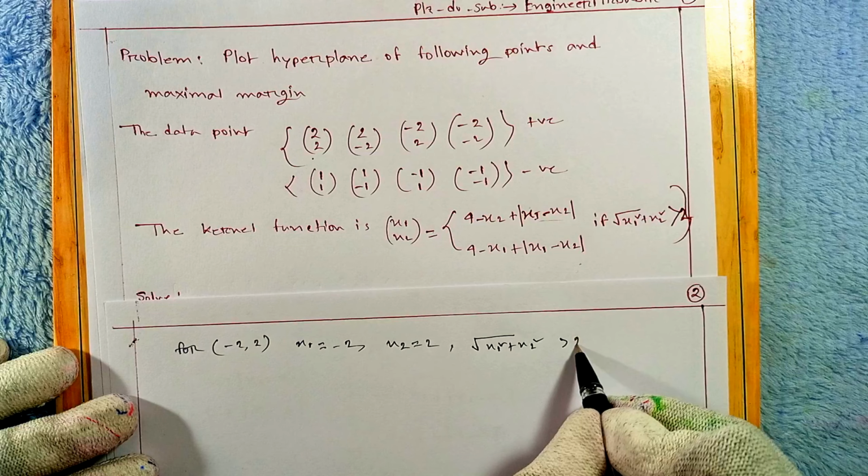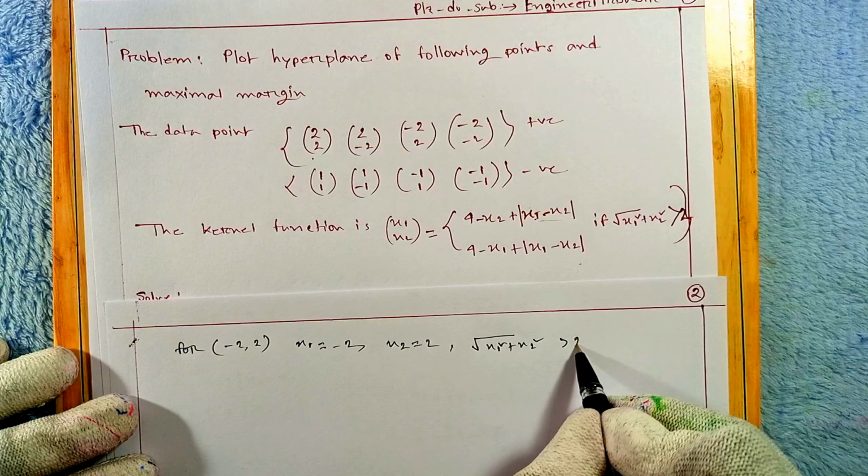For this data point, 4 minus x2, where x2 is -2, so plus 2, and x1 is 2 and x2 is -2, so plus 2. Again 4 minus 2 plus x1 which is also 2, and this one is plus 2. So we get 10 here and 6 here.